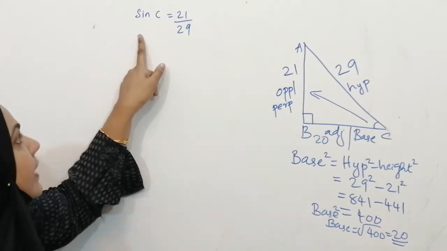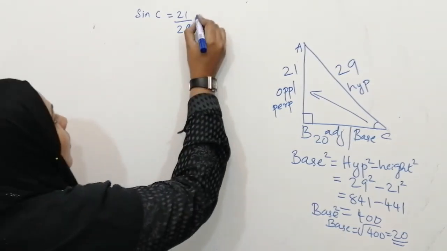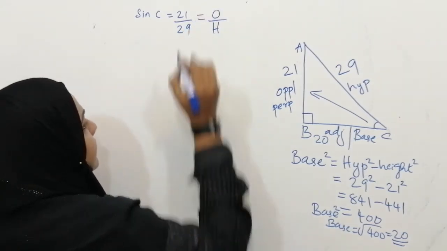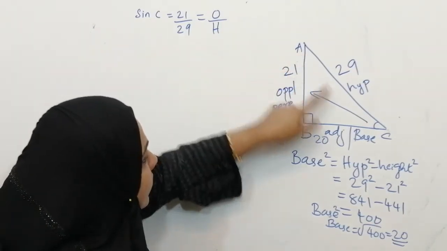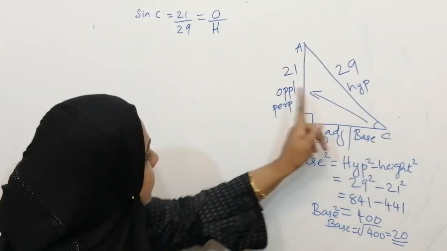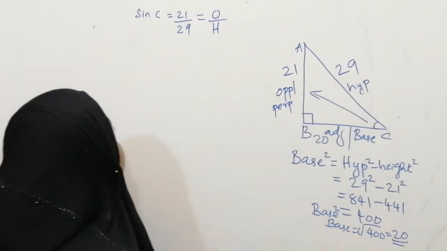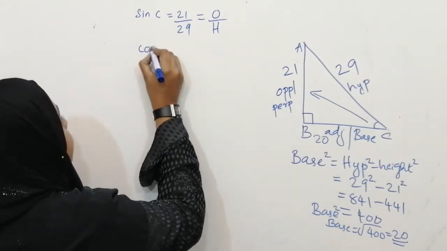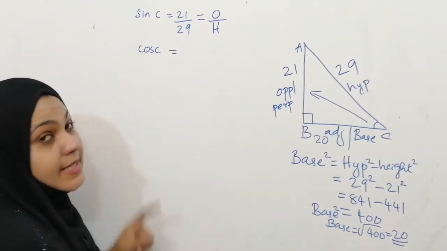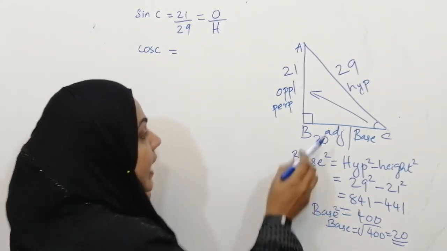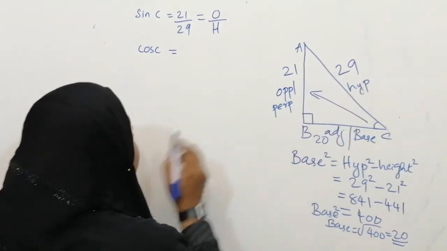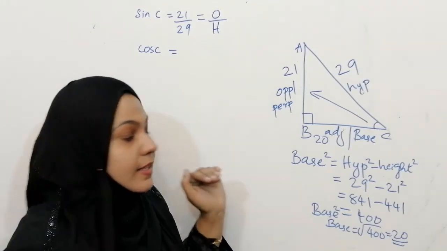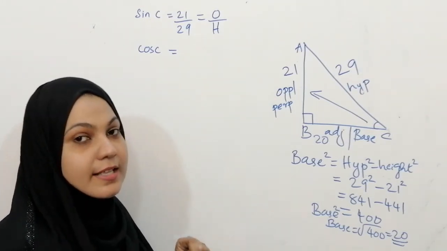So sine, you know what is sine? Opposite to hypotenuse. So we found already according to angle C, this is the opposite, this is the hypotenuse. Now we can write what is cos. Cos is the ratio of adjacent to hypotenuse. Before writing, we can solve this question using the trick.